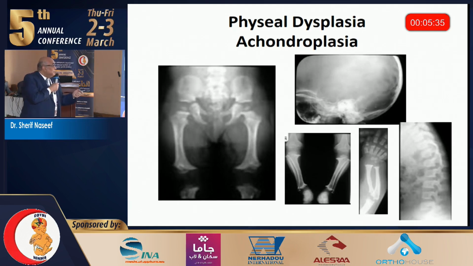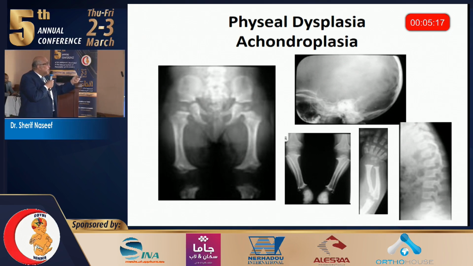Plain radiography: you will find a large vault of the skull and a narrow base. Large vault of the skull, membranous ossification; narrow base, endochondral ossification. And in tubular bones, you will find irregular physeal outline, but the epiphysis is normal and the metaphysis is normal, and the whole bone is short, either in the thigh, the leg, or the forearm.